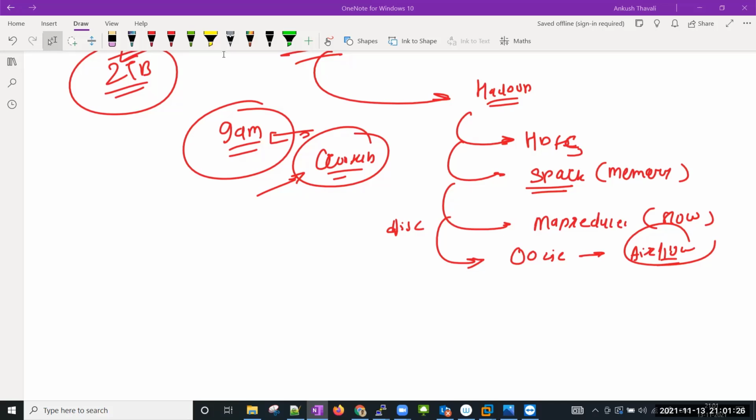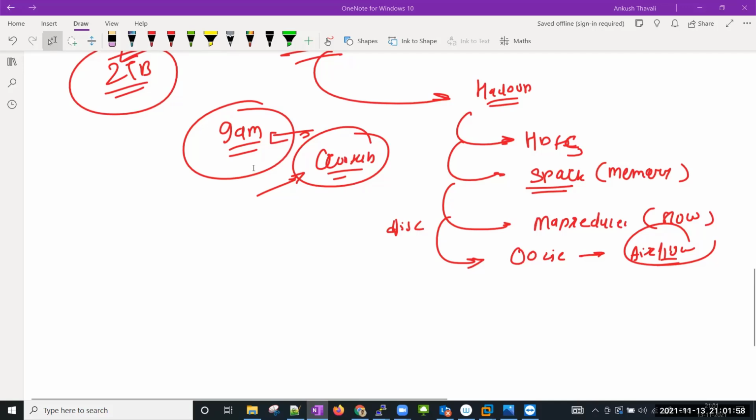YARN is nothing but cluster resource management, because whenever you submit your job, it is managed by YARN, since almost all companies use YARN, and your complete application will be managed end to end by YARN. For the processing part, we have MapReduce, Spark, and Tez. So as per our need, we can opt for any of them.